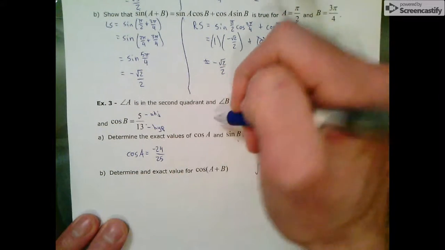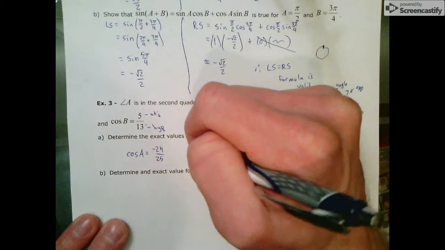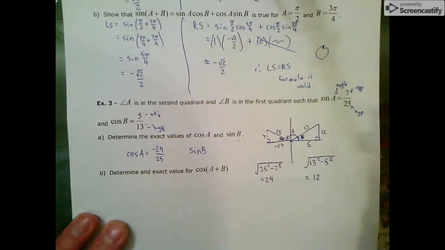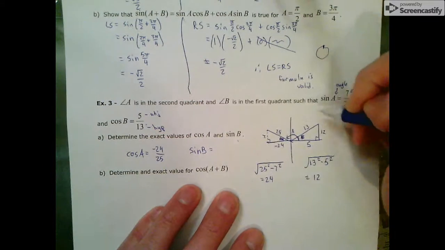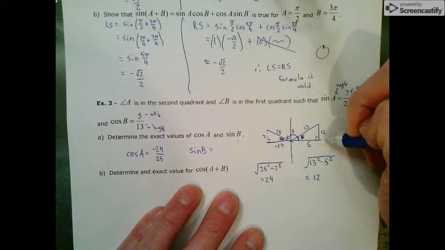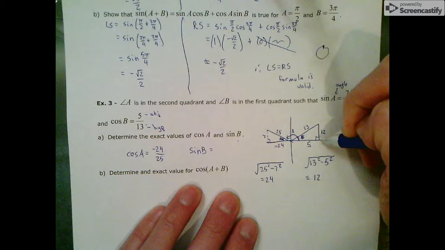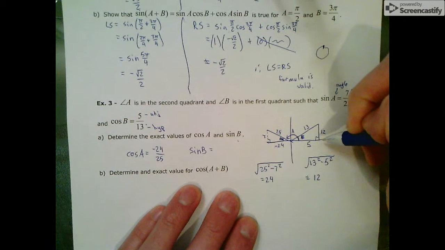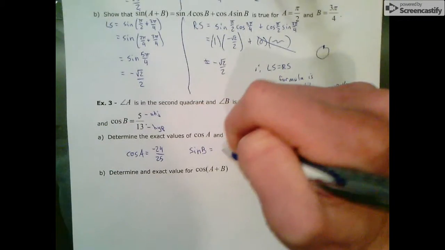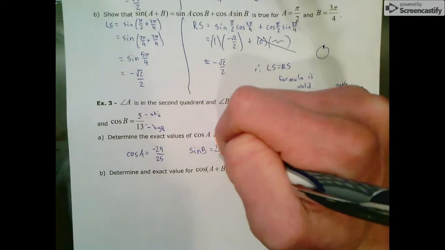And the sine of B is going to be equal to the opposite side over the hypotenuse. So the opposite side is going to be 12 over the hypotenuse 13.